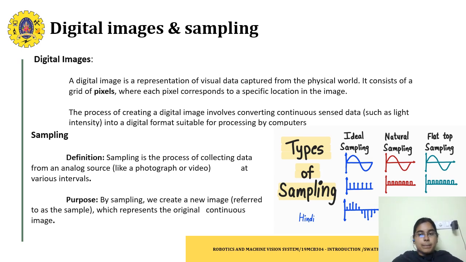So what is sampling? Sampling is the process of collecting data from an analog source, like a photograph or a video, at various intervals. The main purpose of sampling is that we create a new image, referred to as a sample, which represents the original continuous image.